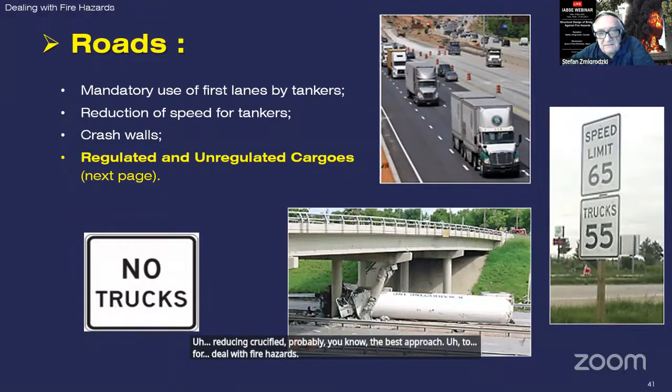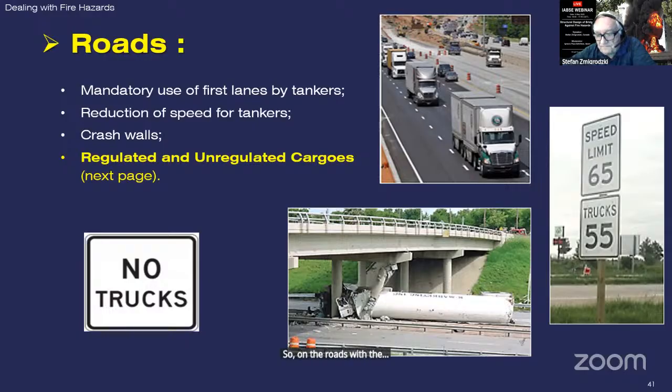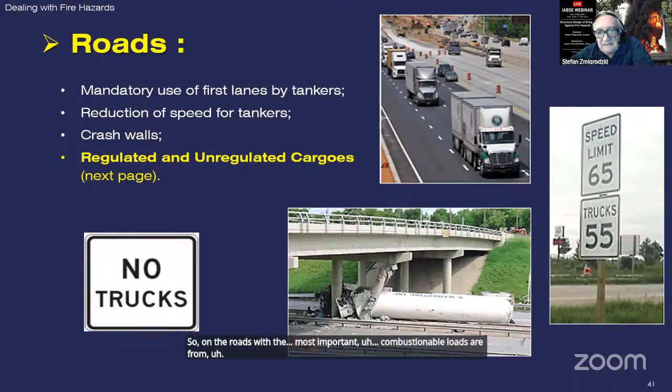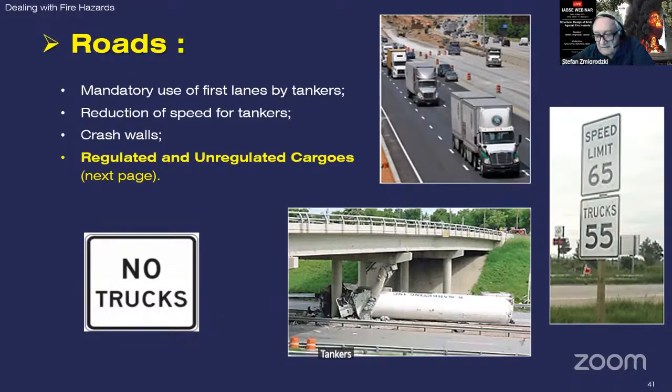So on the roads, where the most important combustible loads are from tankers and heavy goods vehicles, the mandatory use of the first lane is a good solution. Also reduction of speeds, crash walls, and considering regulated and unregulated cargoes on the roads, which you see on the next page.